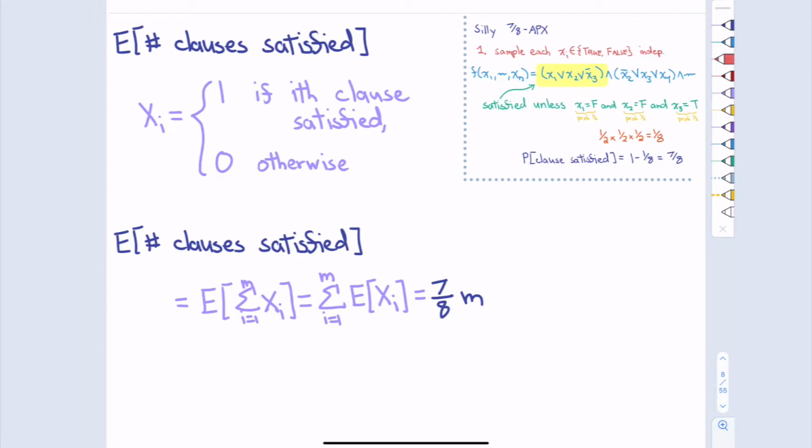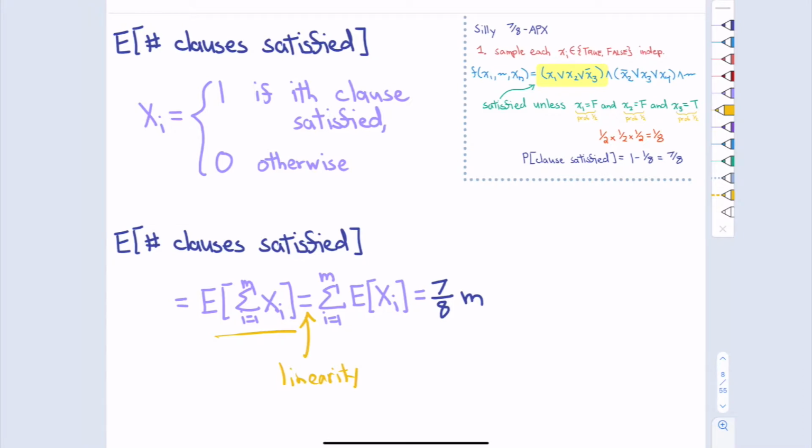Okay. So the expected number of clauses satisfied is the expected sum of these xi's, right? The sum itself may be complicated, in the sense that these clauses aren't disjoint and independent from each other. Maybe if you satisfy one clause, it's impossible to satisfy another clause. That could happen. That could not. Okay. But since we're only looking for averages, here we can apply linearity of expectation.